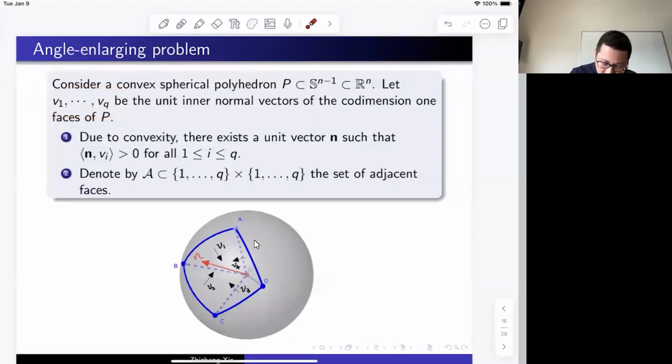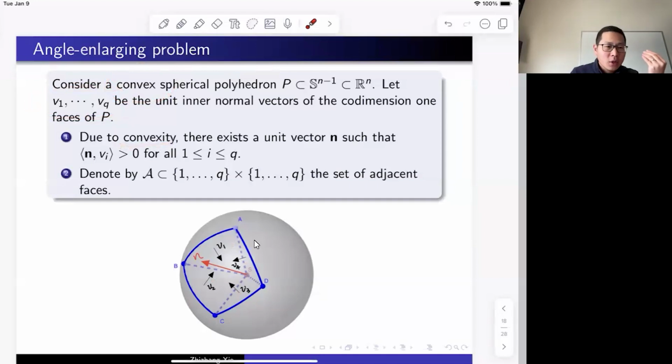In this picture, you have 4 faces. Each face has its own inner normal vector. And then there's some convexity condition involved. So let's translate it into an algebraic condition.